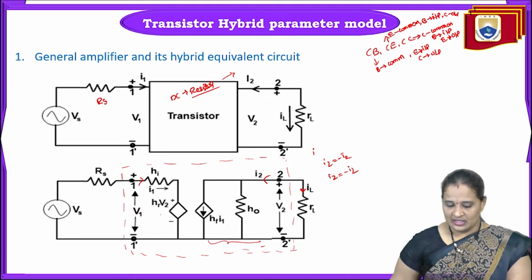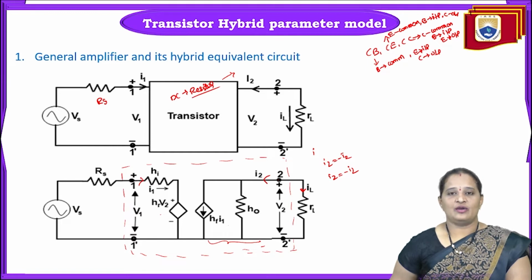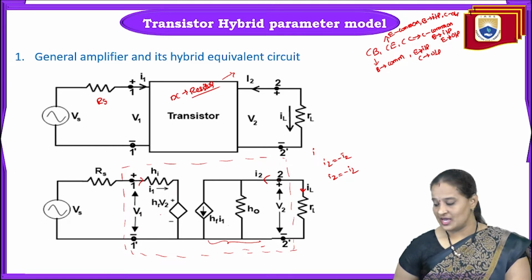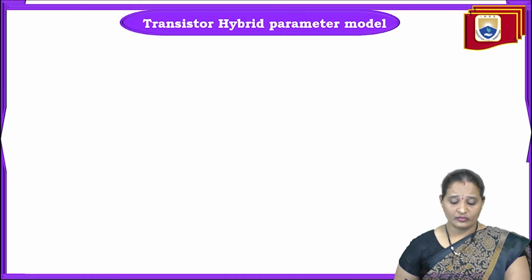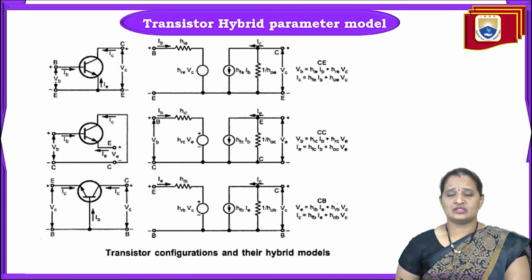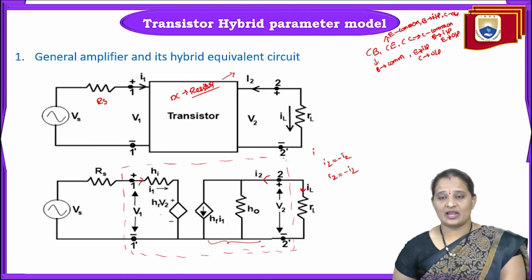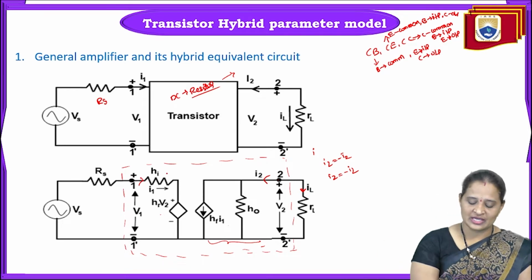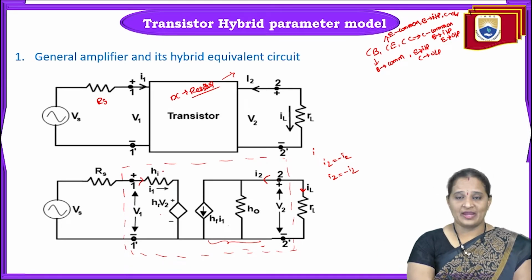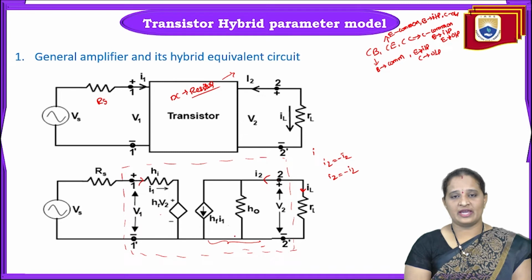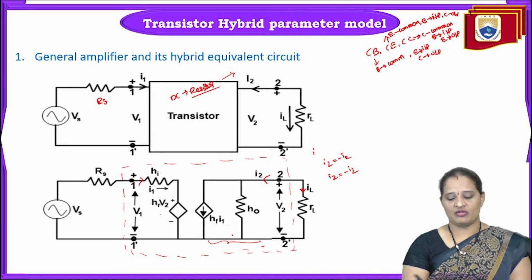Now we are going to calculate all the characteristic parameters of the amplifier circuit using this hybrid parameter model. Before that, this equivalent circuit is valid for all three configurations of the transistor. The only thing is we append one more subscript to all the H parameters based on the configuration.